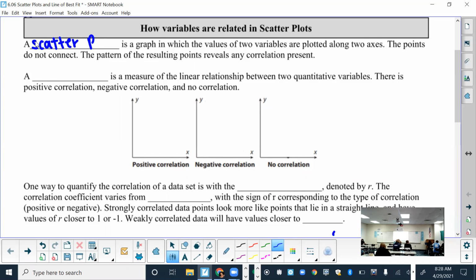A scatter plot is a graph in which the values of 2 variables are plotted along 2 axes. The points do not connect. The pattern can tell you if there's a correlation present.